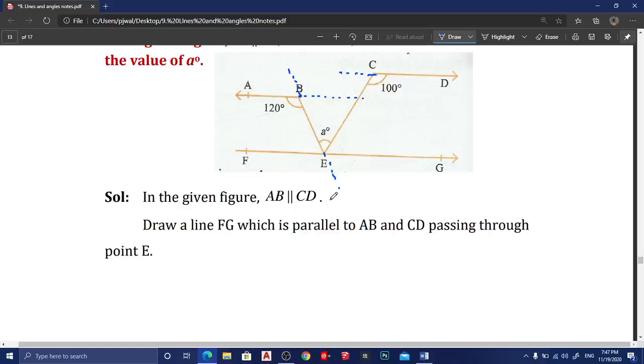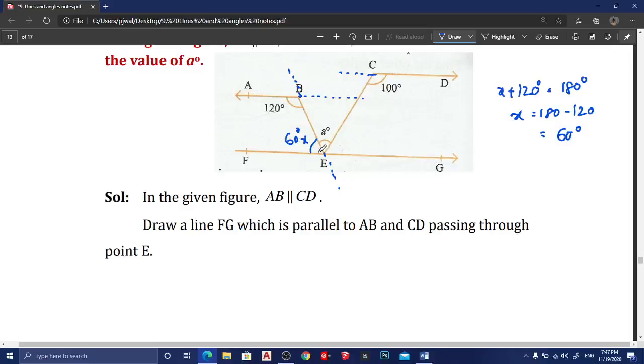Since this is a transversal and these two angles are co-interior angles, the sum of these two angles will be 180 degrees. If I take this angle as x, then x plus 120 degrees is equal to 180 degrees. So x is equal to 180 minus 120, which is equal to 60 degrees. So now you know this angle is 60 degrees.